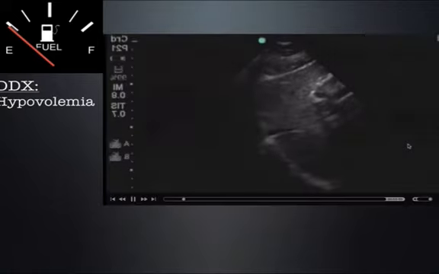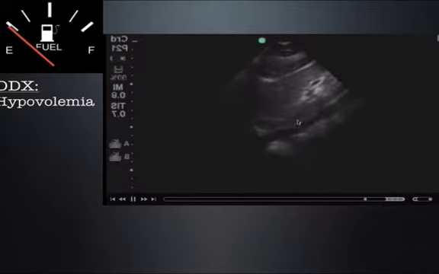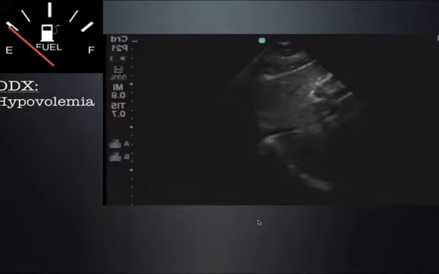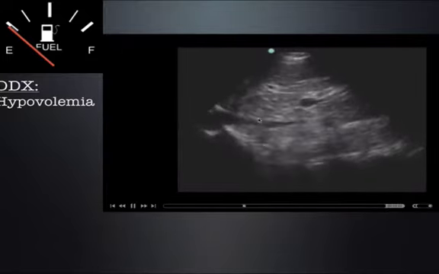How about this one? In this case, again, we see that there is a thin slit-like IVC located right here, and when the subject breathes in, the walls come down and collapse on one another, consistent with a hypovolemic state. And how about this one right here?